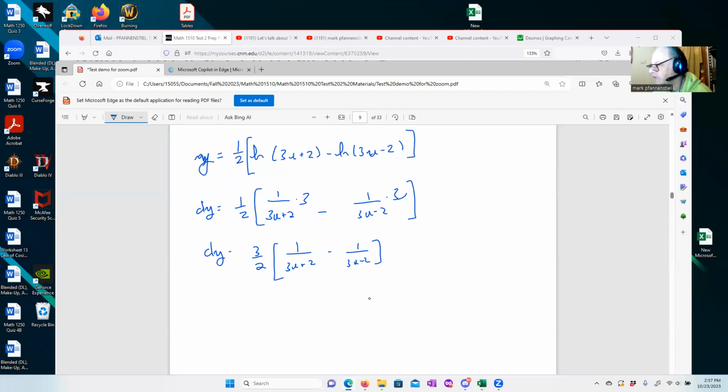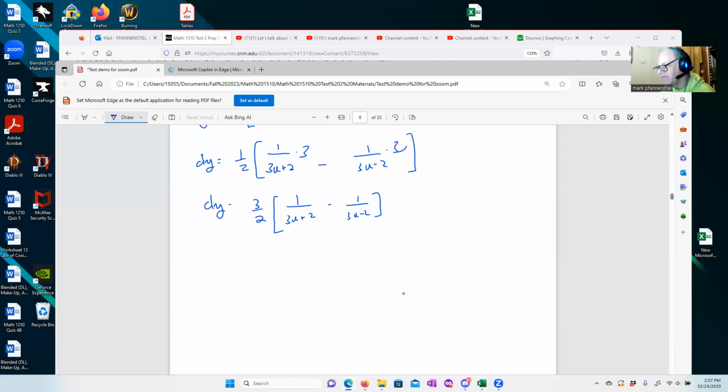And because this was such a nice problem, we'll go ahead and do me the favor of simplifying the terms. So this is going to be 3 over 2, and this is going to be 3u minus 2 over 3u plus 2 times 3u minus 2, minus 3u plus 2 over 3u plus 2 times 3u minus 2, and we'll do some arithmetic here.